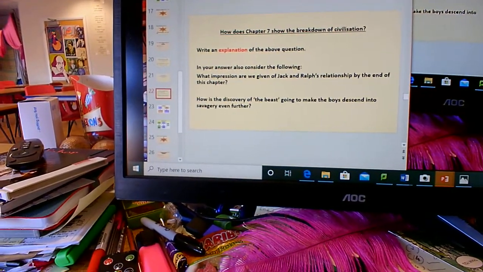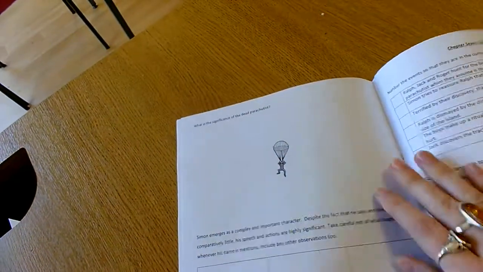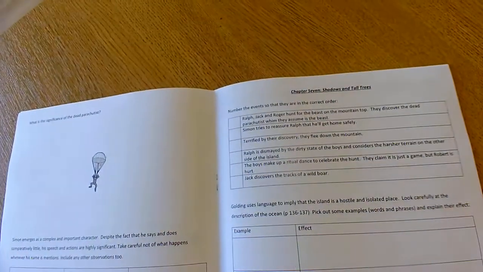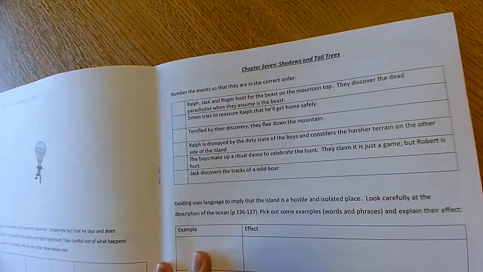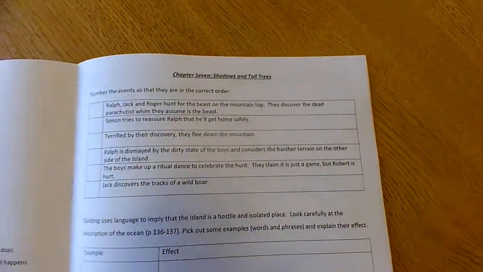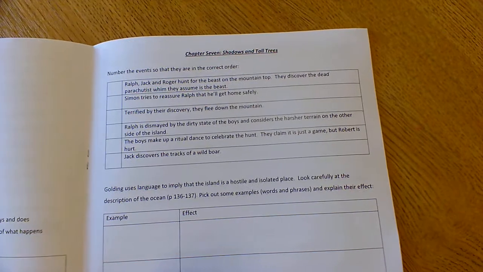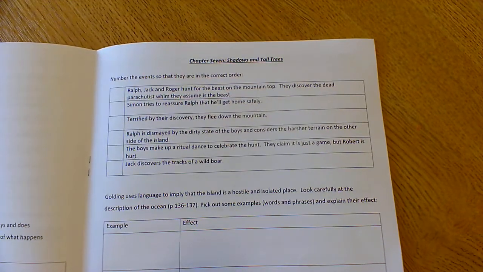I would like you to have a little bit of a look at the workbook that again should be on your Office 365. So we have some events of Chapter 7 which you need to number so they're in the correct order.